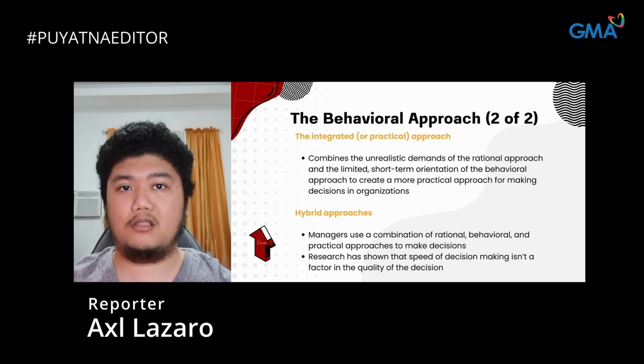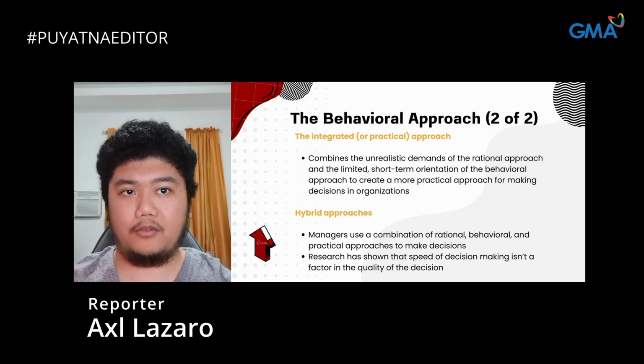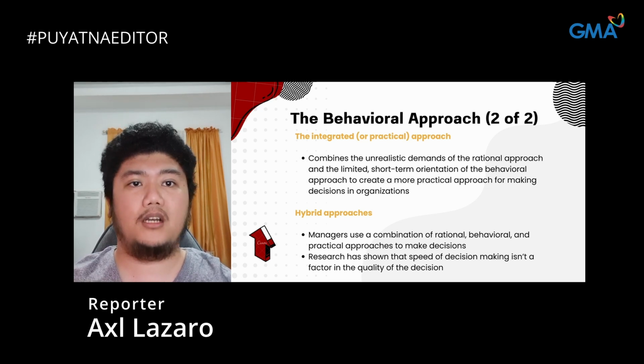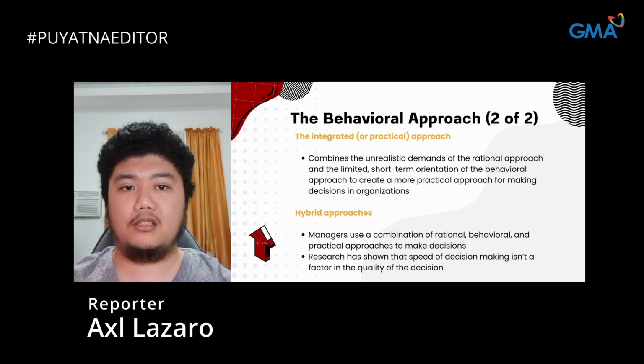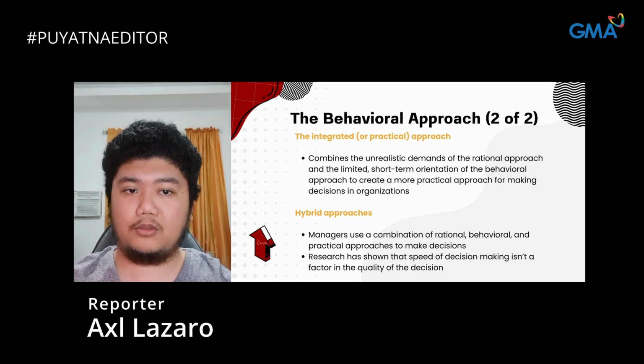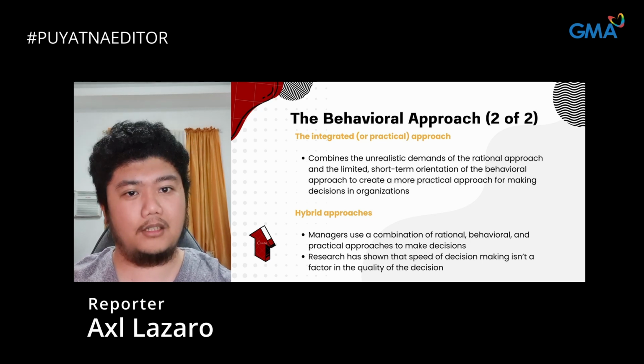The next approach is the hybrid approach, which involves a manager's use of a combination of rational behavior and practical approaches to reach decisions. This also has research that has shown that speed of decision making isn't a factor in the quality of the decision.